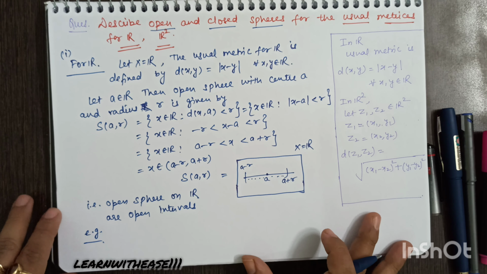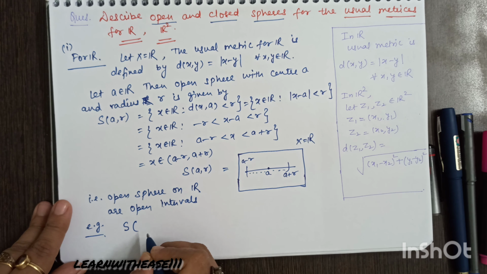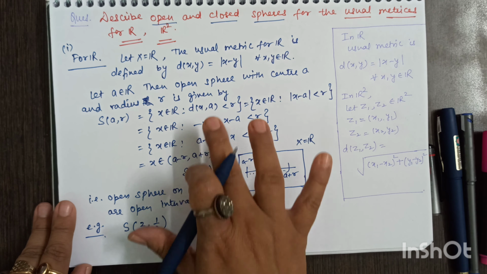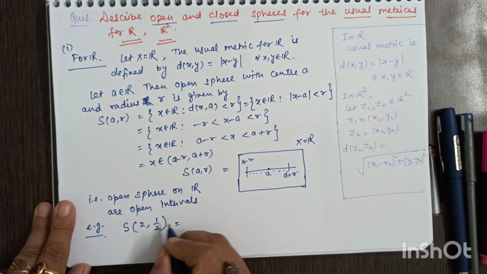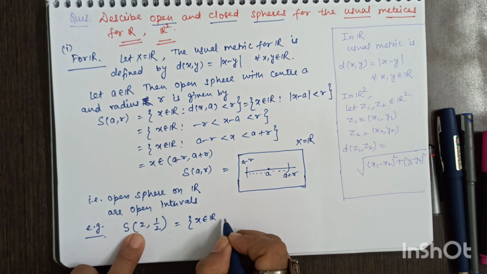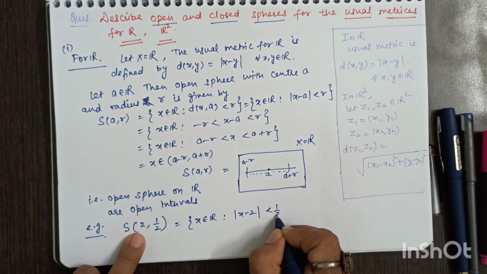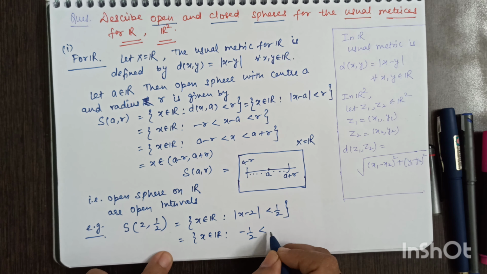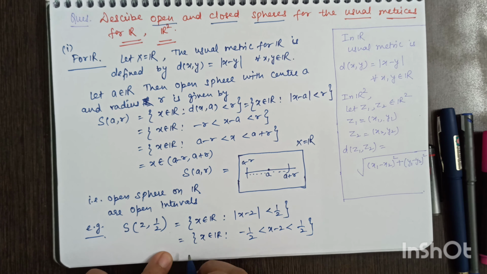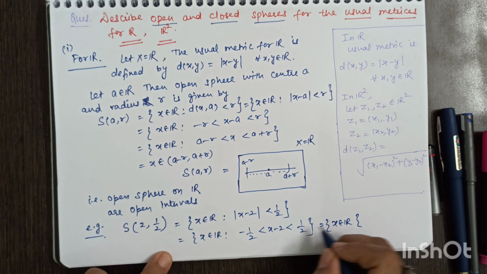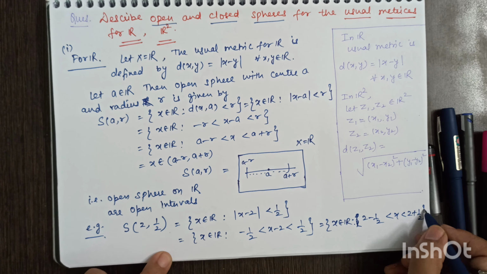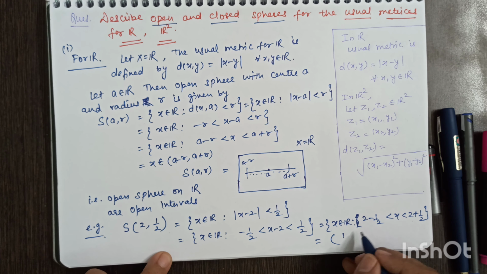So for example, you need to find a sphere with 2 as a center and half as the radius. By the solution above, for an open sphere in R, we write the same criteria: mod x minus 2 less than half. Or you can write the answer directly as the open interval (2 minus half, 2 plus half), which means it contains points from 3 by 2 to 5 by 2.